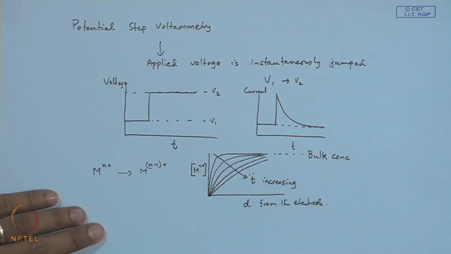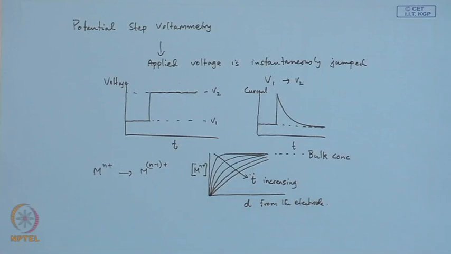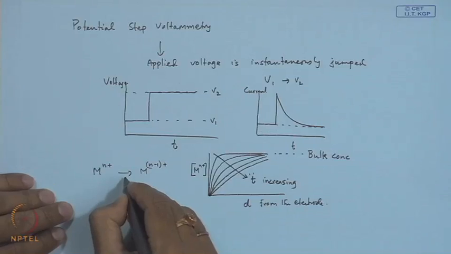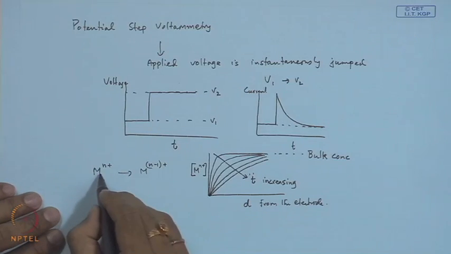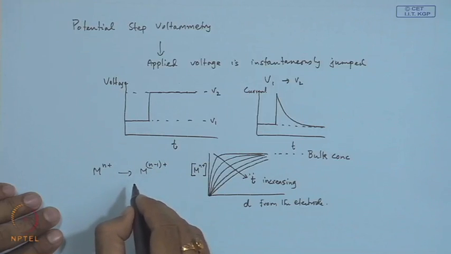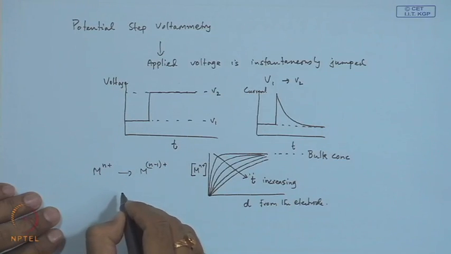Okay. So, this will give you the idea of how this concentration is changing, and this may ultimately be related to your rate of electron transfer. Okay. So, this is one way. Usually the voltage range is set such that the reduction of M^n+ to M^(n-1)+ is thermodynamically unfavorable.